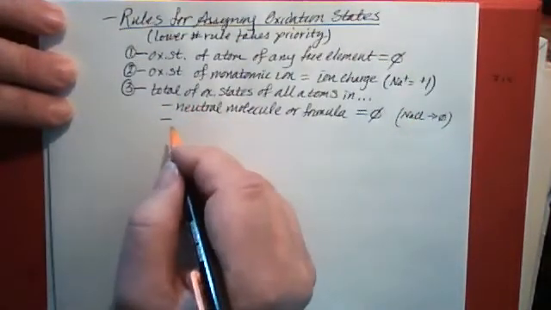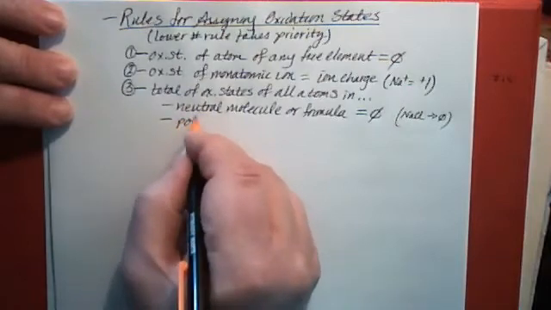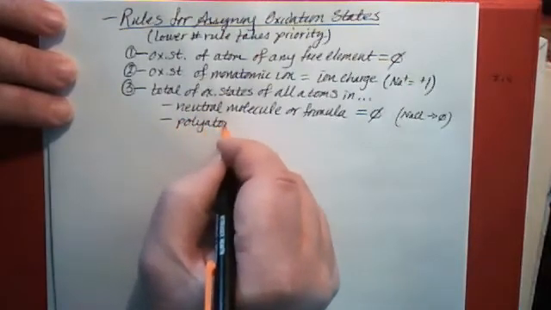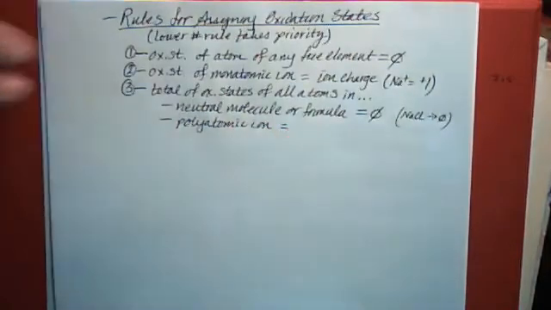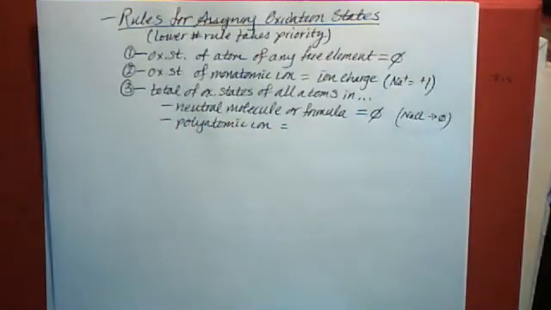If you're talking about a polyatomic ion now, the total oxidation state of all of the elements in the polyatomic ion, rather, have to add up to the charge on the polyatomic ion.